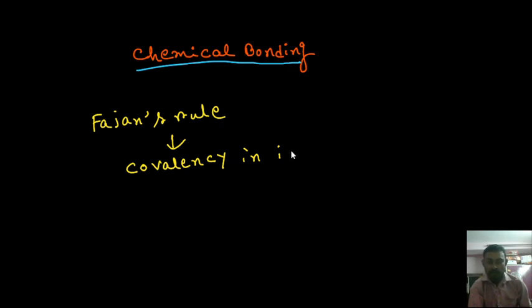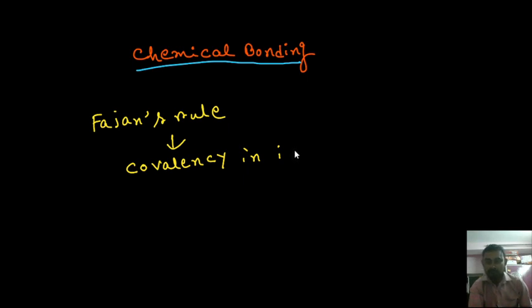But in a covalent compound, the covalent bond is formed by sharing of two electrons between two atoms. For a single bond, one atom gives one electron and the other atom donates one electron, and the electron pair is mutually shared.